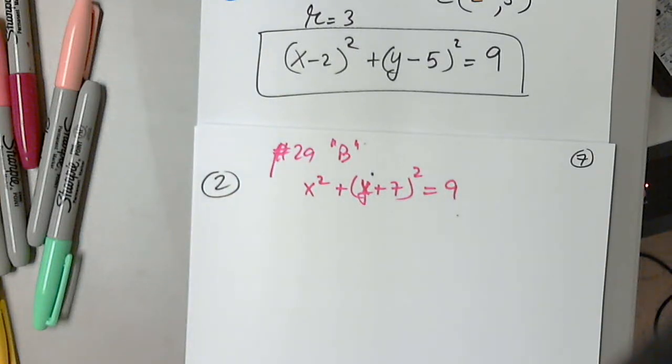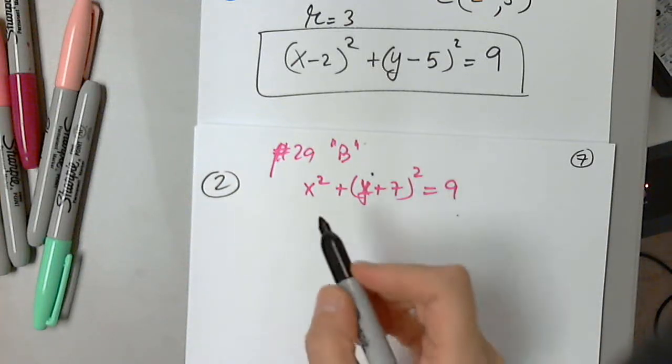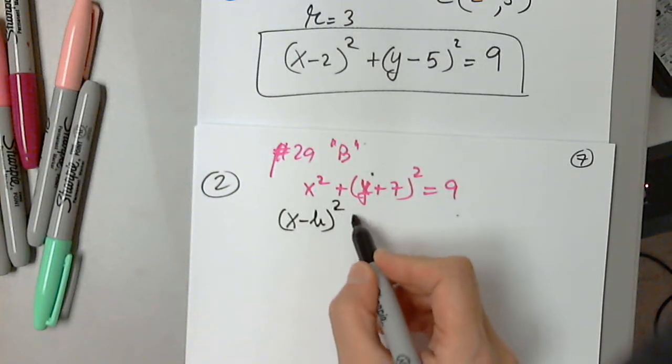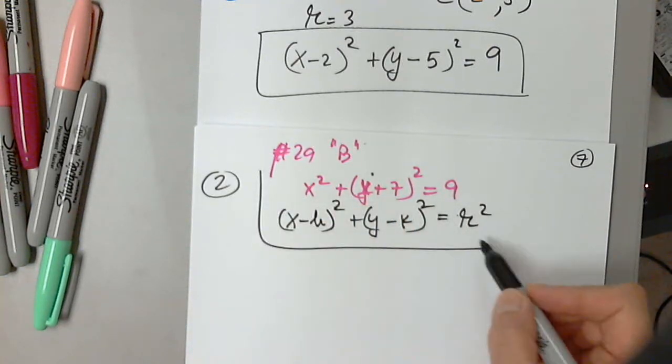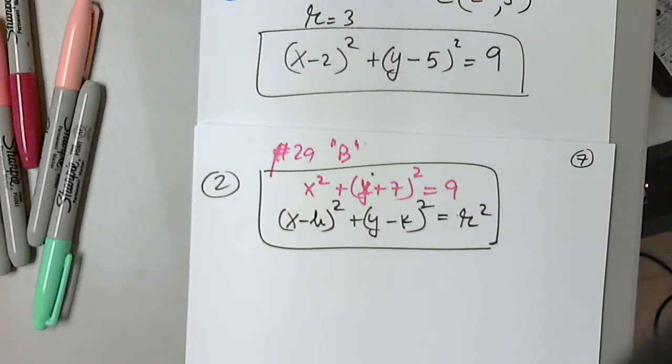So we're given an equation, and we're asked this time, identify the center, and identify the radius, and also graph it. So all I have to do is compare it to x minus h everything squared plus y minus k everything squared equals r squared. I compare these two side by side, or one under the other, and I'll say, oh, okay, so the center is and the radius is, and then we'll graph it.